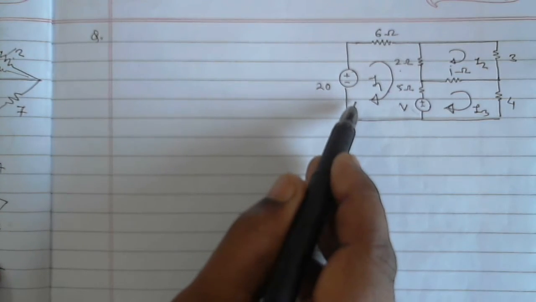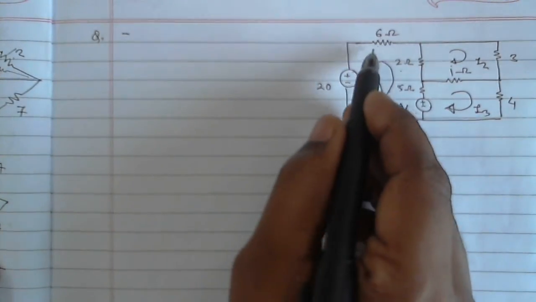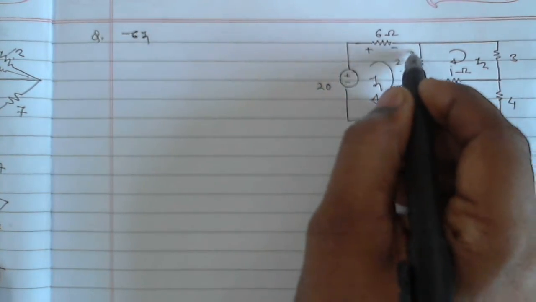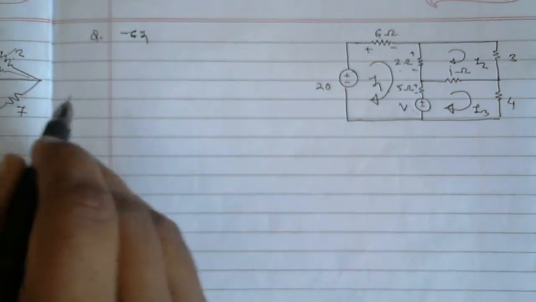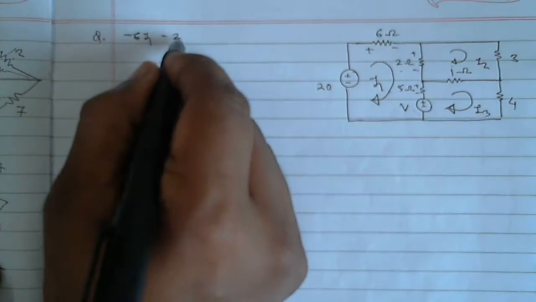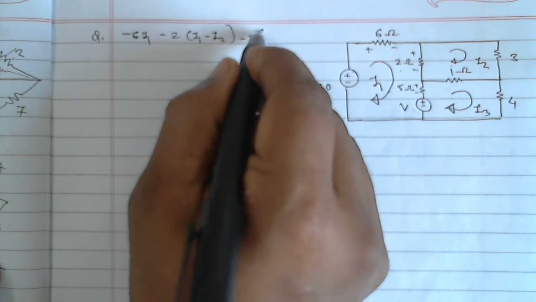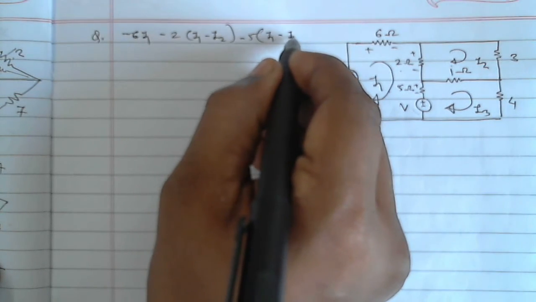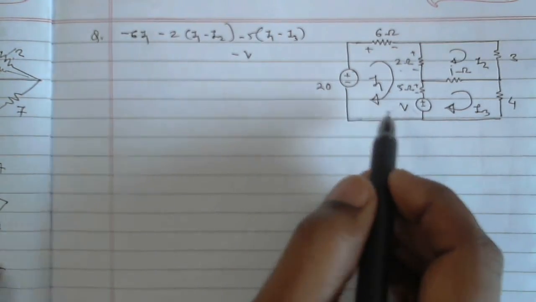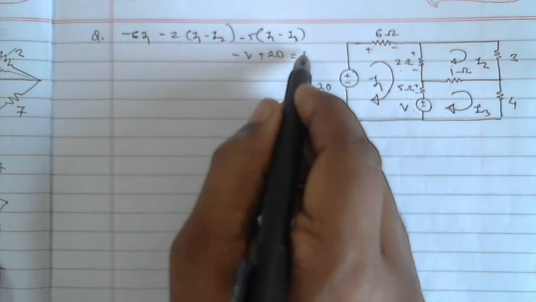Now let's apply KVL in the first loop. So from here I will start: minus 6 I1. Polarity like this, plus minus plus minus plus minus. For voltage, polarity will remain as it is. Minus 6 I1 minus 2 (I1 minus I2) minus 5 (I1 minus I3) minus V. It is unknown, so directly I will write V, plus 20, equal to 0.